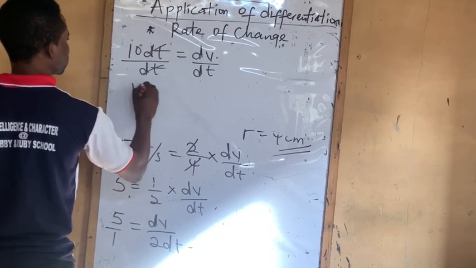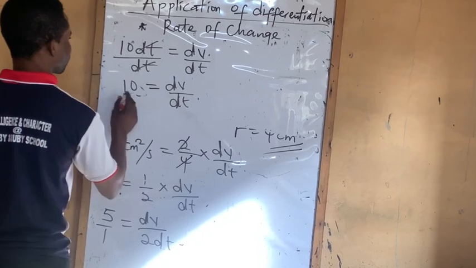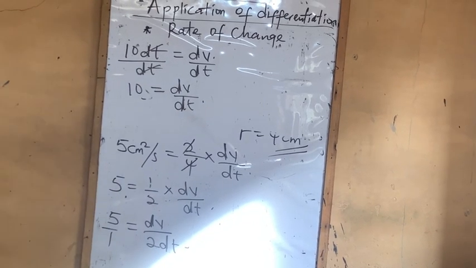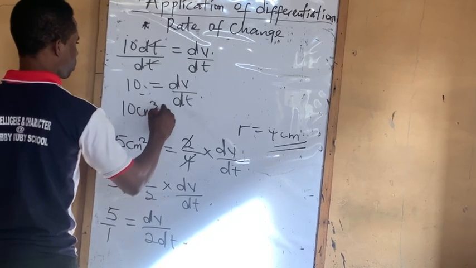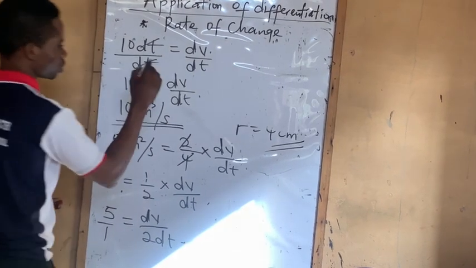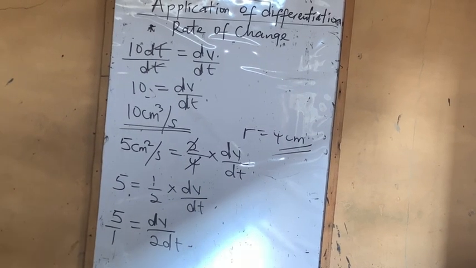So that means 10 equals dV/dt. That is what we are looking for. And what is the unit for volume? That will be 10 centimeters cubed per second. So that is the answer. That is all about the rate of change.